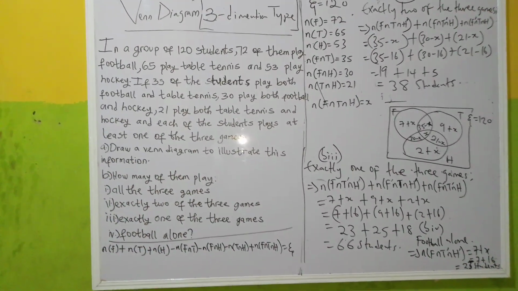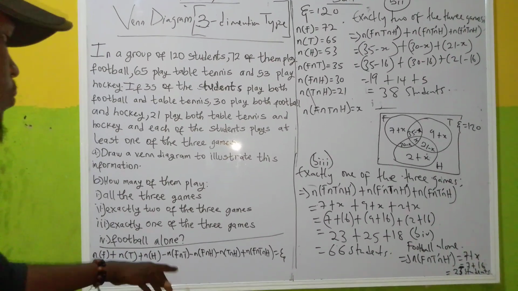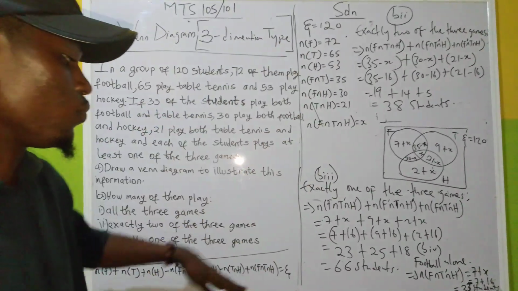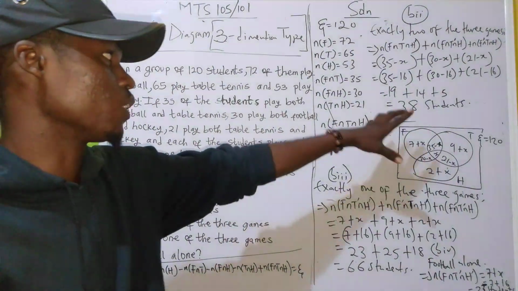This is the rule. Anything else we carry plus, except where 2 are joined we carry minus. So that's the short form to solve for the value of x without using the Venn diagram.